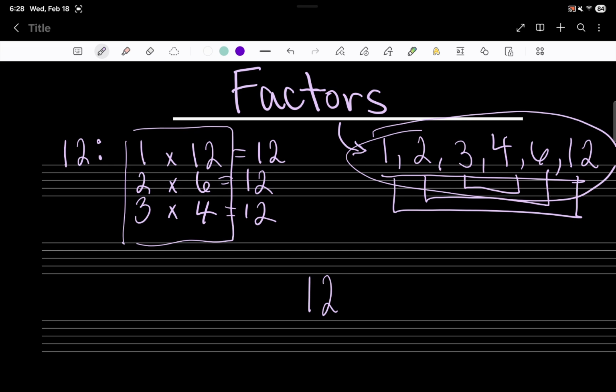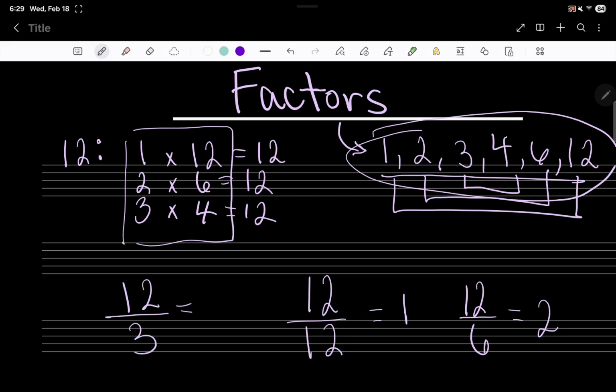So for instance, 12 divided by 12 equals 1. 12 divided by 6 equals 2. 12 divided by 3 equals 4.